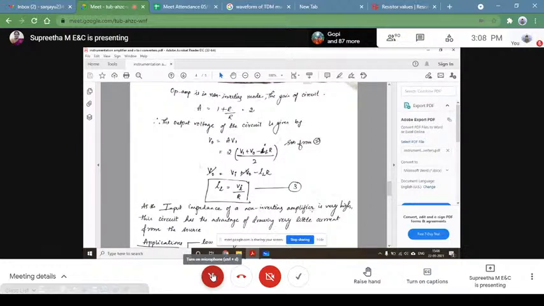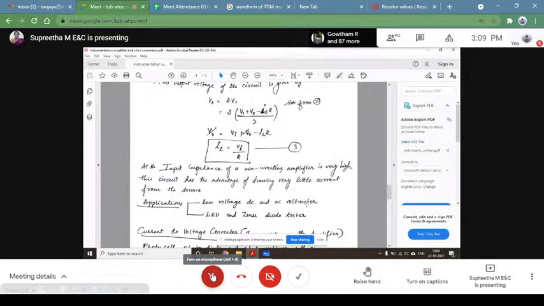So let us see some of the applications: low voltage DC and AC voltmeters. These V2I converters can be used, and can also be used in LEDs and Zener diode testers.